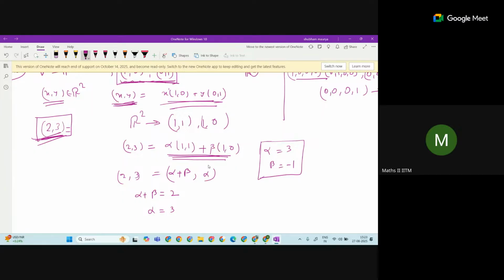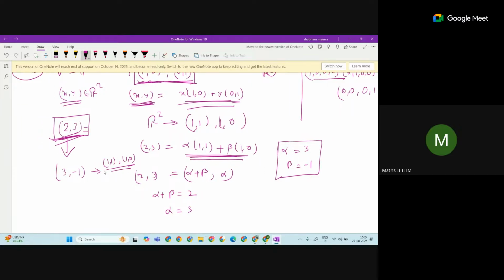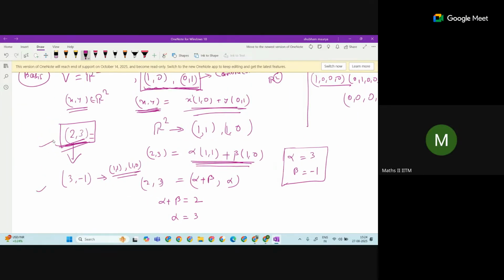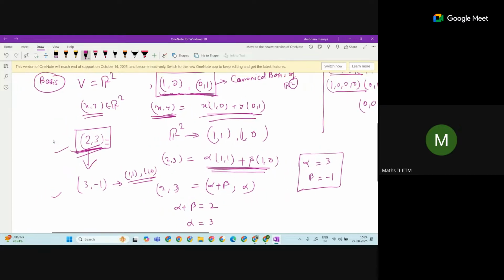So a change of basis is happening. It represents the same vector, but now with respect to this basis it is 3 and -1. The basis is slightly different, but it represents the same vector. This is generally called change of basis.